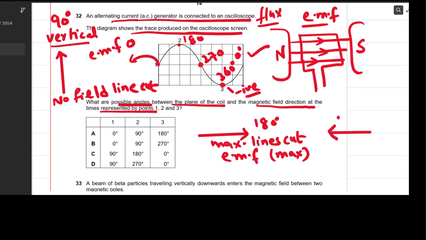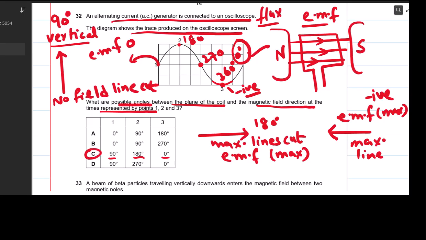So EMF is max here, but negative in direction. So that's why it is a wave which is going opposite. So maximum lines are cutting here. So we are not having the option of 360. So we will take 0 degree. So C is right, 90, 180, 0. So C is the correct option.